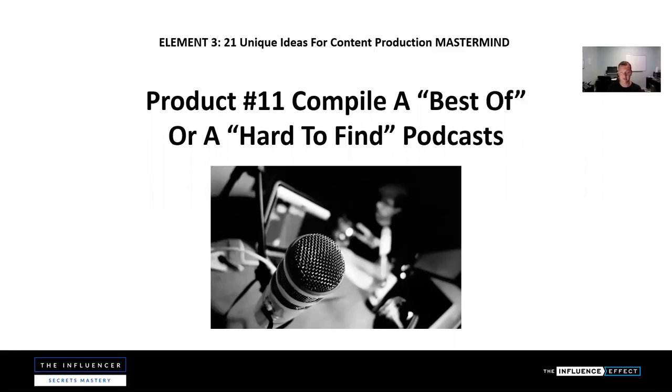And we're going to talk about YouTube here in a little bit. But if it's private, somebody's made something private, like on YouTube or a podcast or in a membership area, don't do that. That's stealing. But if it's public, you can take those things. So you can take the Hard to Find podcast and put those together and just include it in your offer.